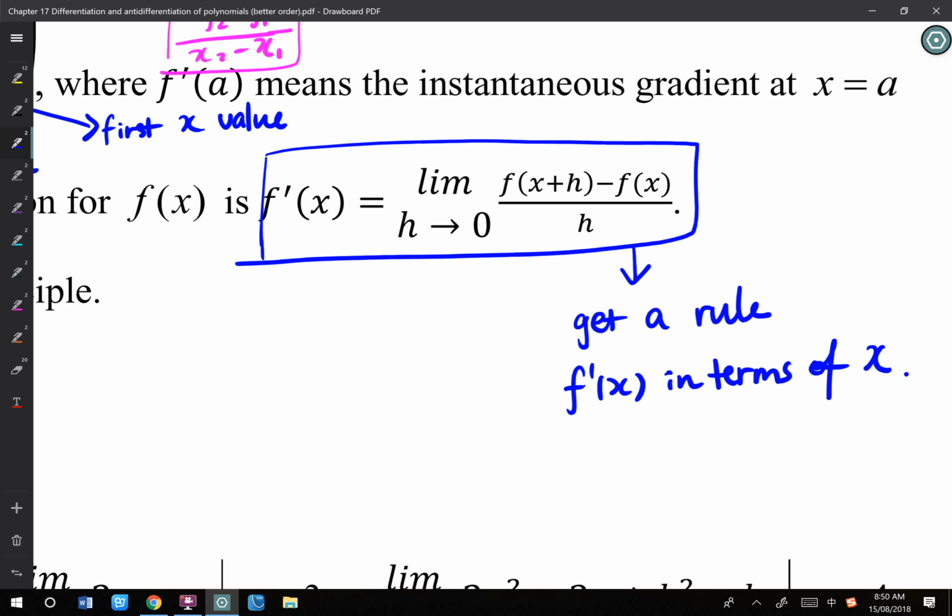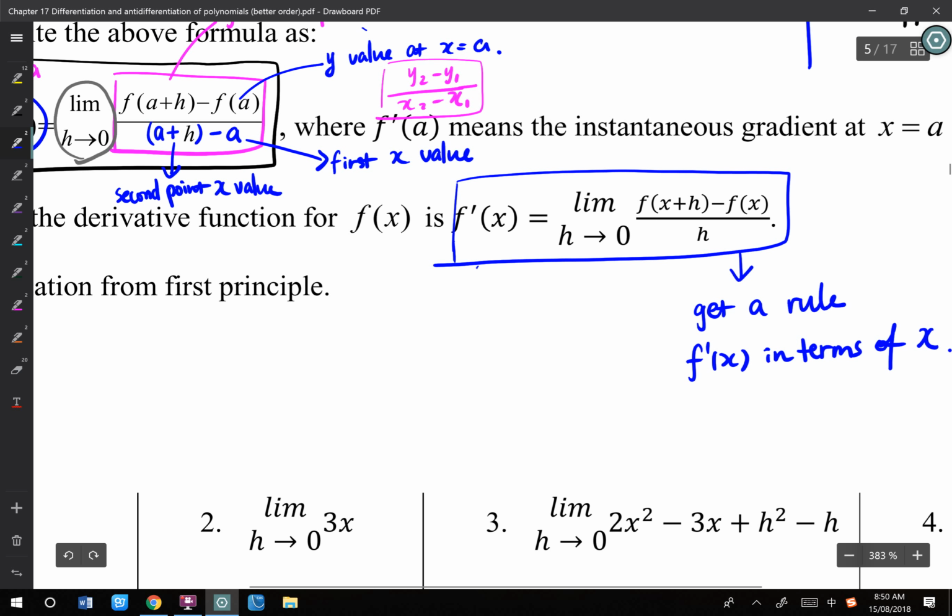You will have x left in the function. So overall, you have a rule, not a value. Then you can sub x equals 1, x equals 2, x equals 3 into that rule. Then you will have the instantaneous rate of change at different points.